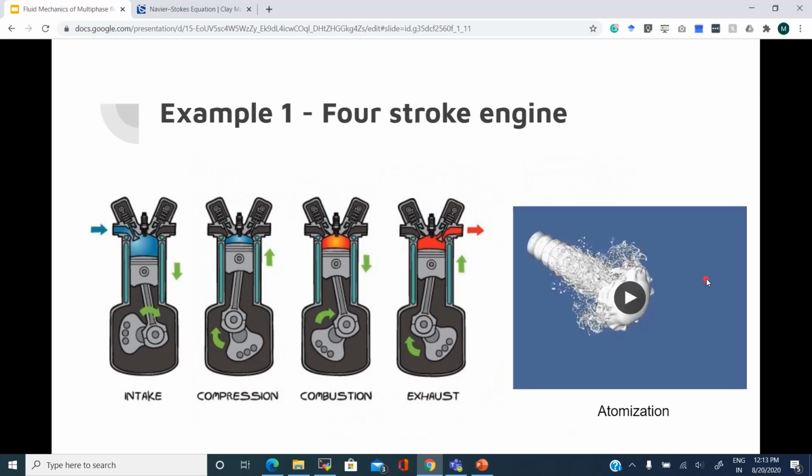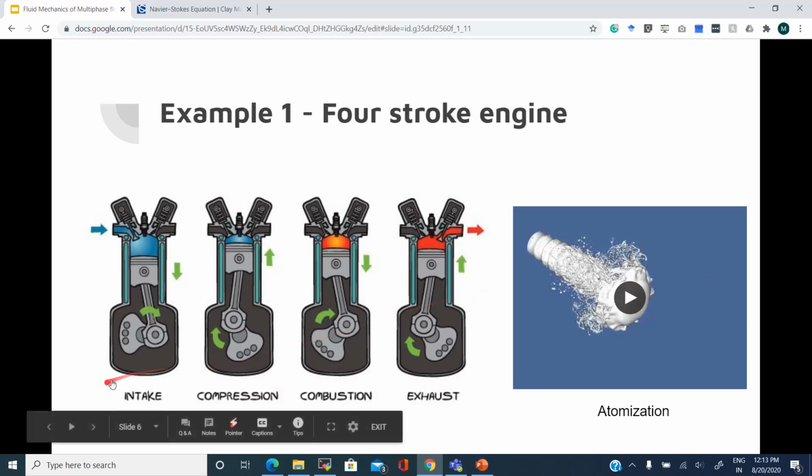This is another example of a 4-stroke engine. You see 4-stroke engines in cars, bikes, trucks, and so on. They are powered by diesel or petrol. Here you have 4 strokes: intake, compression, combustion, and exhaust. We will not go into this process in detail for now. You can read about this.